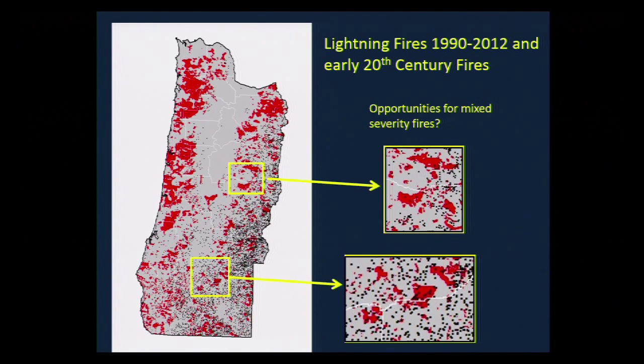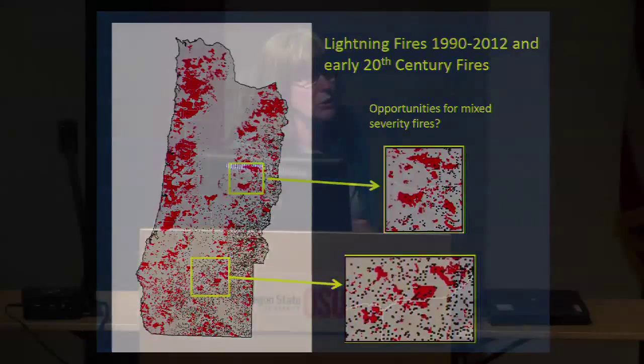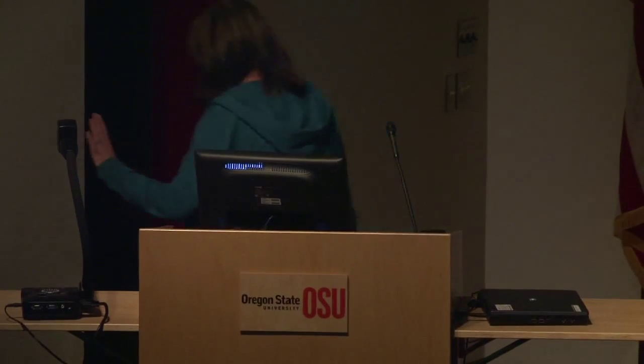And I would just ask you to think a little bit about what the landscape would look like if even a small proportion of these fire starts grew to be a little bit bigger in size, and what the change in structural diversity might be on the landscape today. So with that, I think we're going to segue into today.